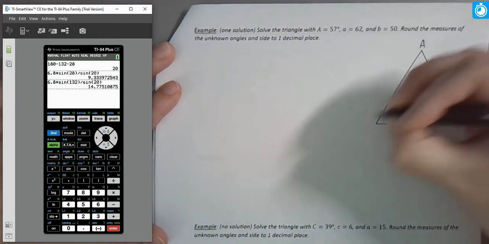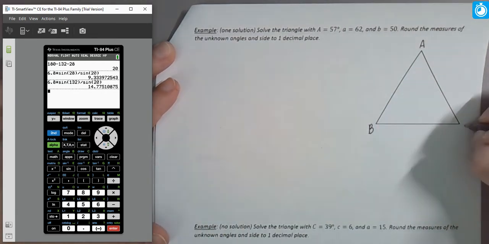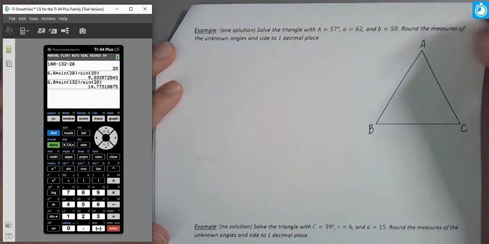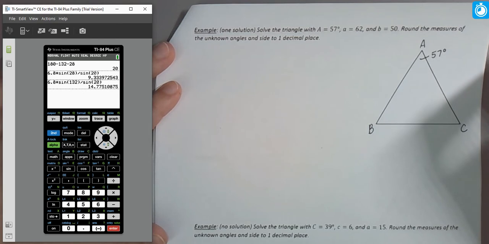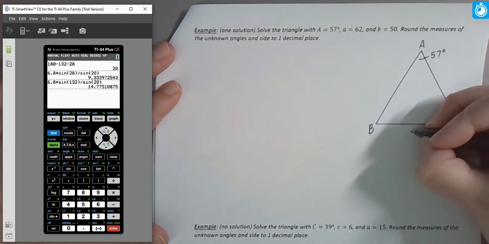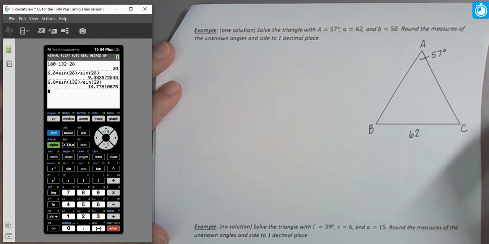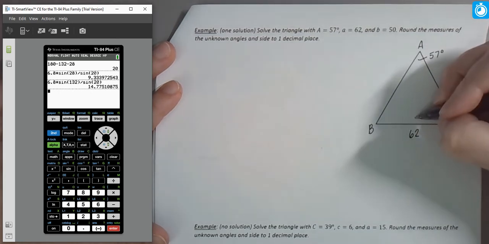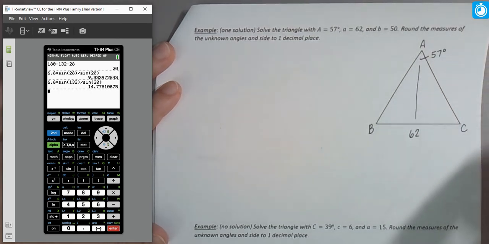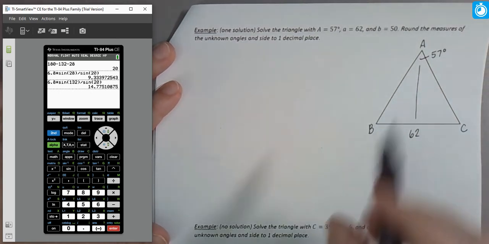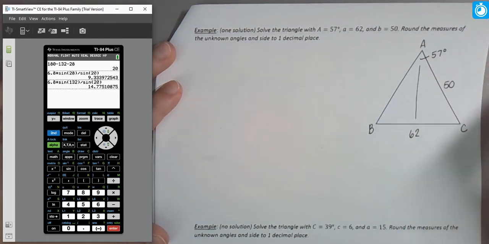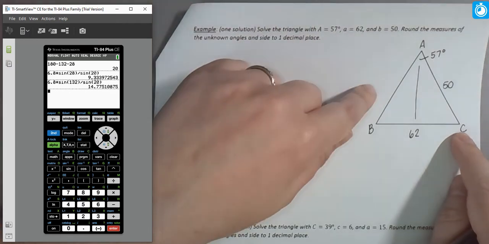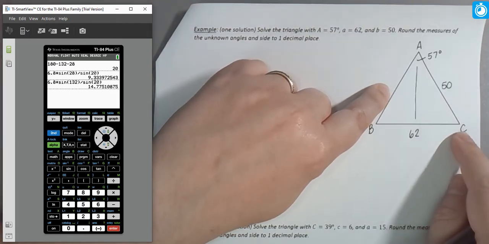So let's label the triangle, and then we'll go from there. So angle A we were given was 57 degrees. Side A is 62 units. So automatically we know there's our pair. That's going to be the pair we use. Now side B is 50 units, and we don't know anything about either of the C's.